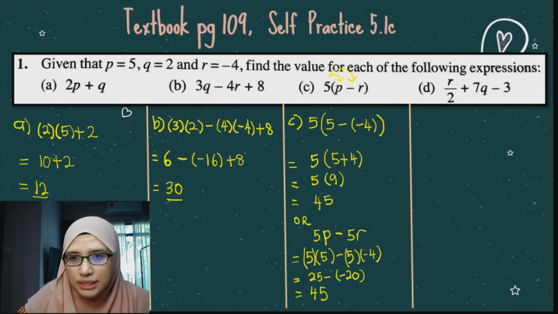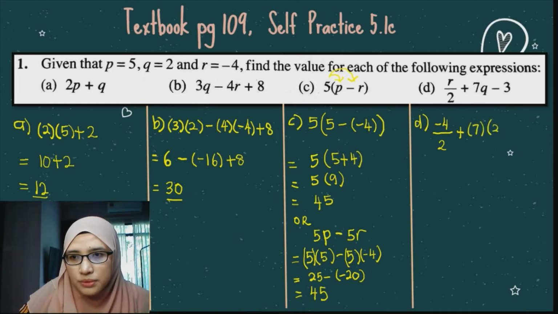So last question, D. Substitute for each letter. R is negative 4 over 2 plus 7, and Q is a combination. Use bracket.